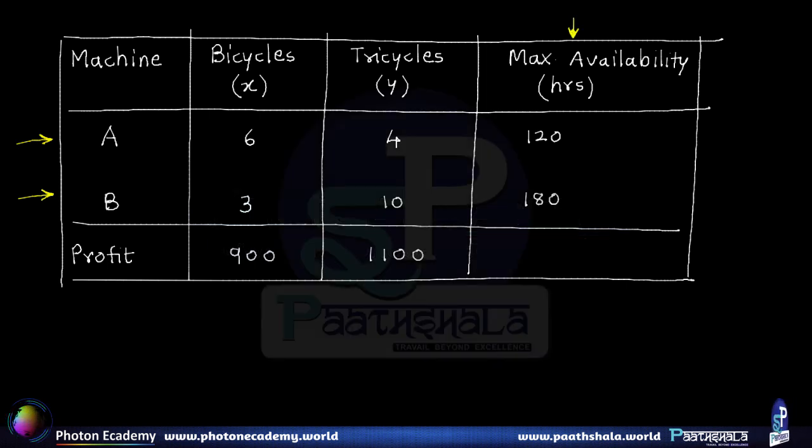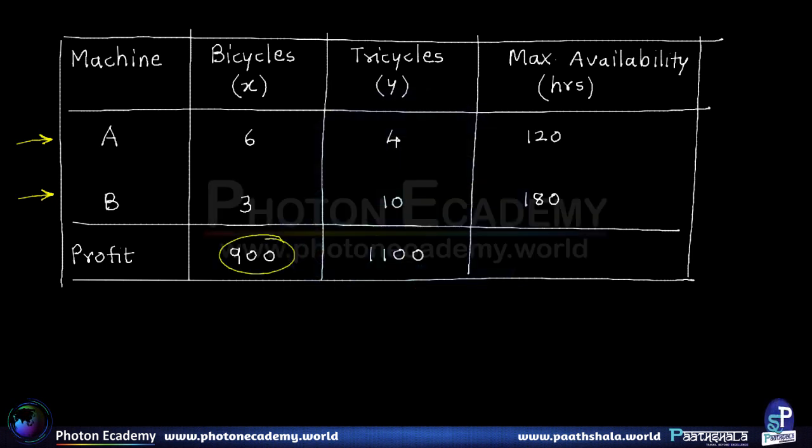Machine A is available only for a maximum of 120 hours, and machine B for 180 hours. The profit made by selling one bicycle is 900, and profit per tricycle is 1100.